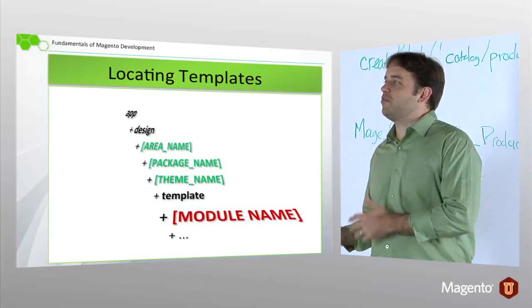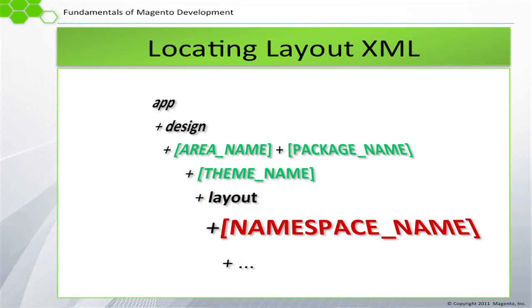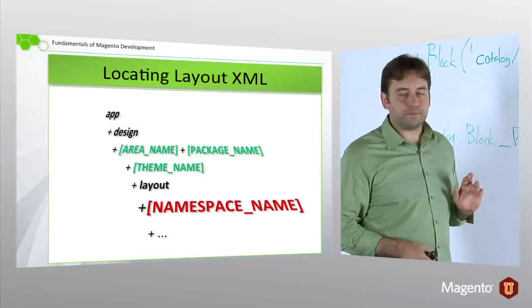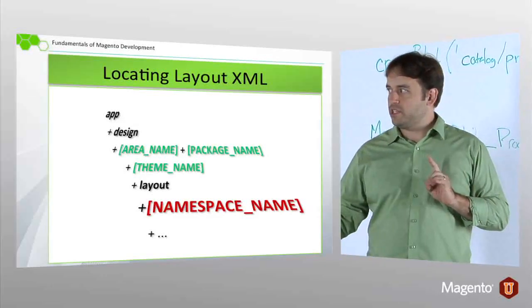depending on whether Magento finds a file in a certain place. And, of course, we have a whole lesson devoted to that, so you'll understand that in a bit. But an important thing to remember is when you are specifying a template file, in the case of a block, you would call set template, and then you simply pass in a file path relative to the template folder.